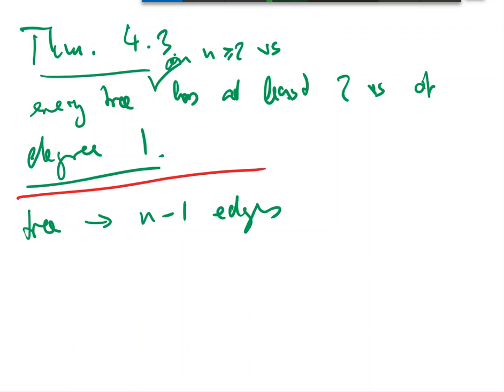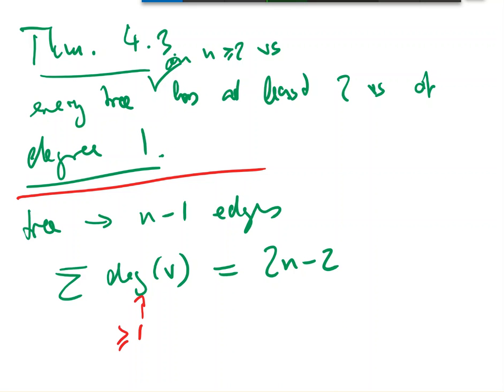N minus 1 edges means the degree sum in our tree is 2n minus 2. But each degree in a connected graph is always greater or equal than 1.